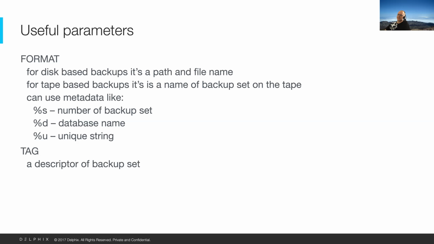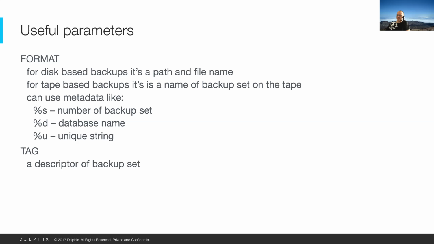You can create a default location. In the format parameter, you can use options like %s, %d and %u, which have some meaning. %d is the database name, %u is a unique string if you want to have unique names.